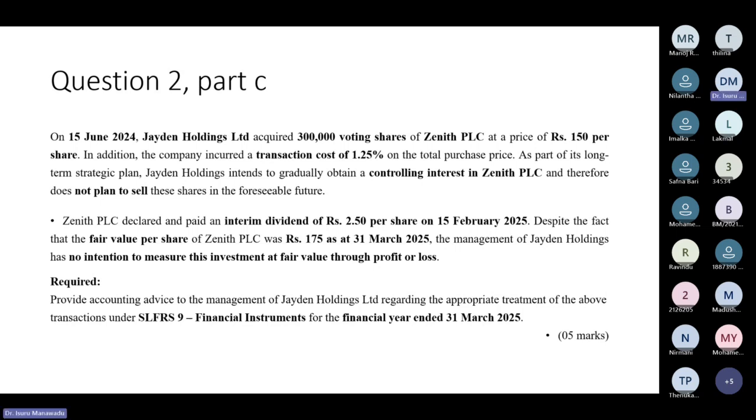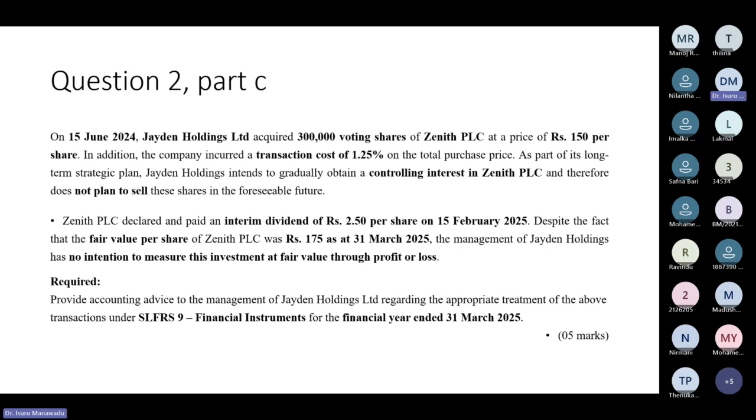On 15th of June 2024, Jayden Holdings Limited acquired 300 voting shares of Zenith PLC at a price of 150 per share. So this one, equity share investment. This is an investment acquired by Jayden Holdings.